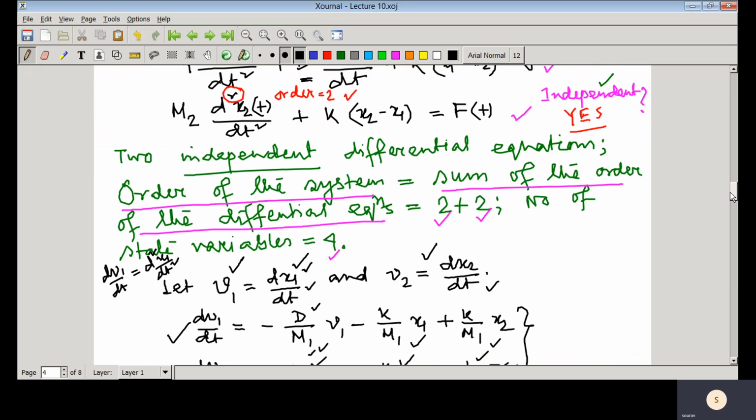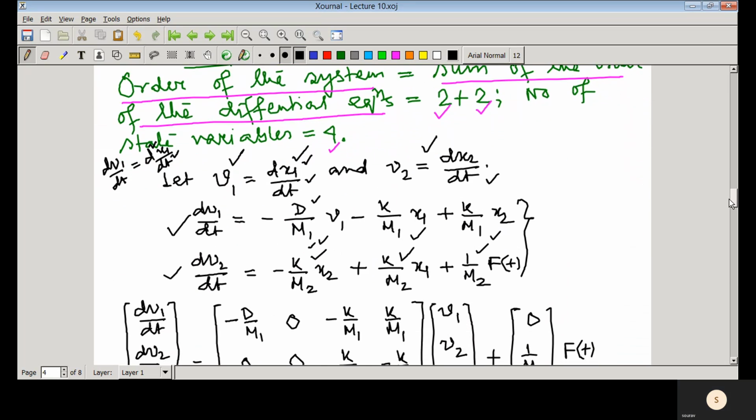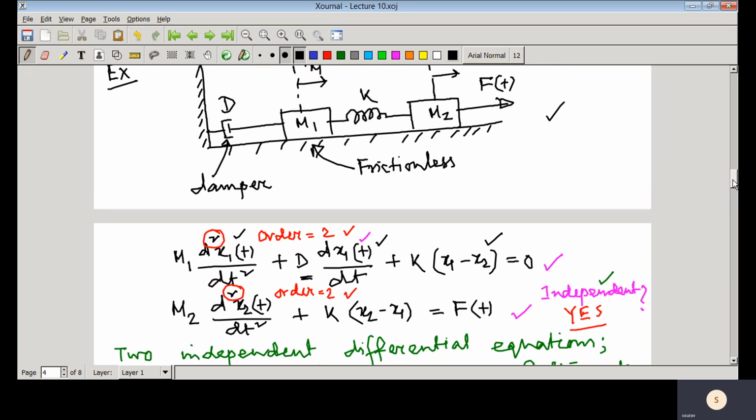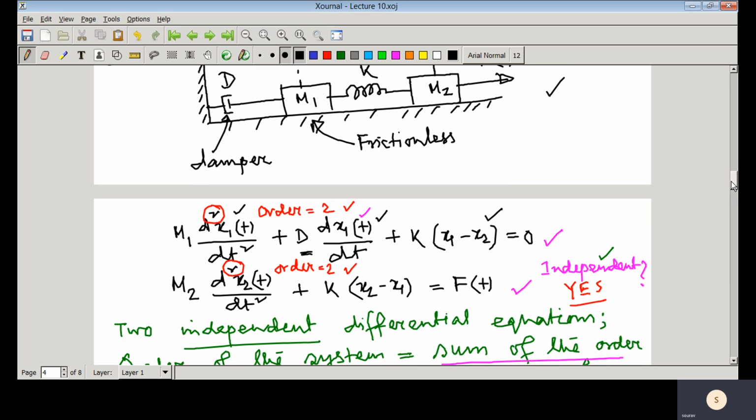So now, here what important things we have noticed. One thing is this particular dynamical system is represented by two differential equations, and we found that these two differential equations are linearly independent. Then we have observed what are the orders of the differential equations.